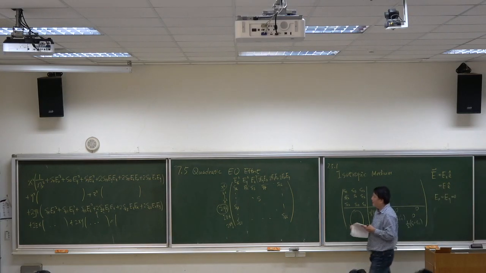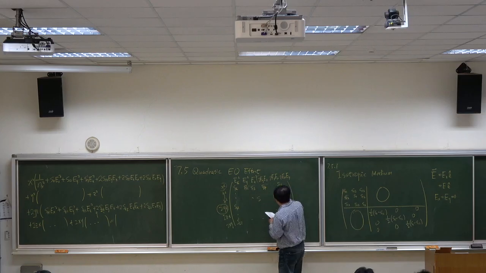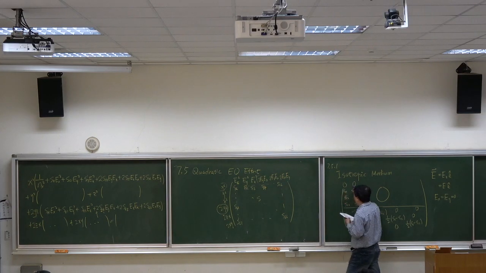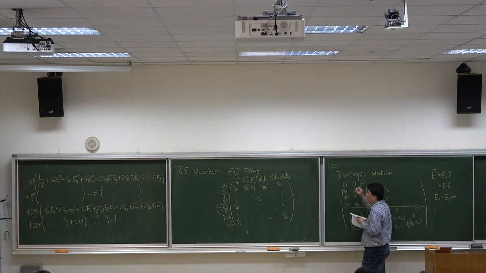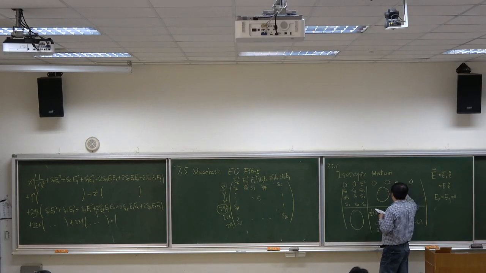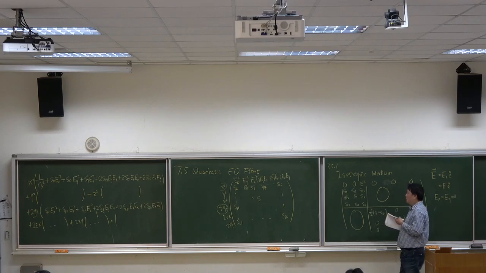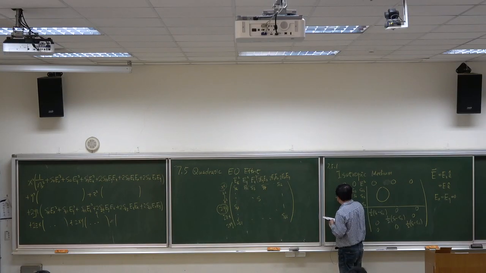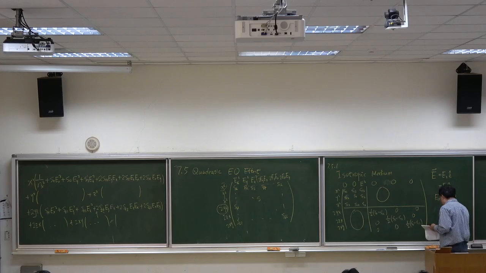So this means that here 0, 0, E squared, 0, 0, 0. The terms are x squared, y squared, z squared, 2yz, 2zx, 2xy.